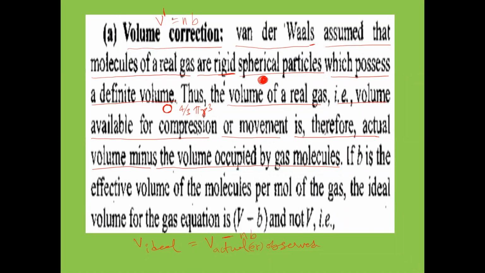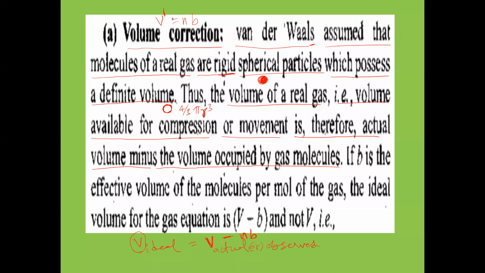The correction for the volume is nB, and V is the actual volume available for compression. Actual volume available for compression minus nB gives the ideal gas volume. So the volume of ideal gas is equal to the volume of real gas, that is actual volume, minus volume correction.